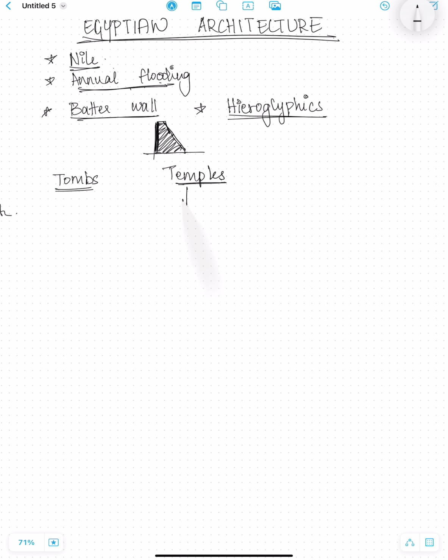In temples, there are again two: the mortuary temple and the cult temple. And in tombs again we have two, mastaba and pyramids.